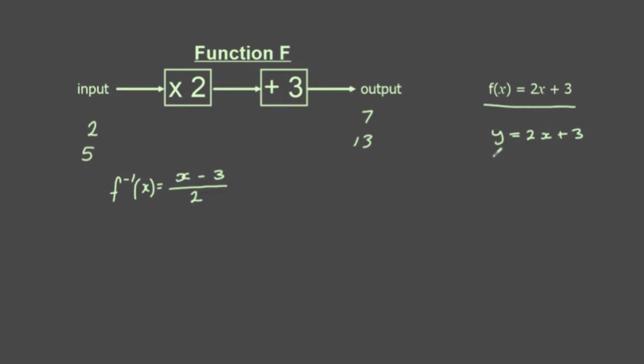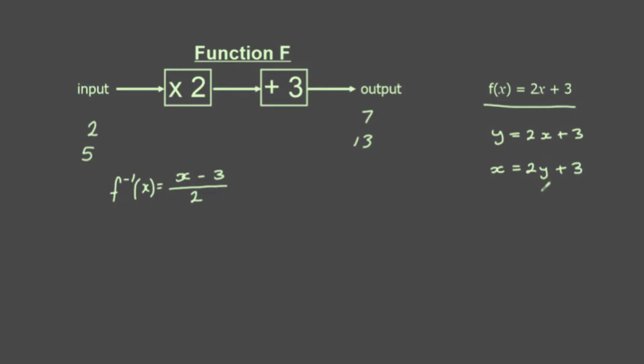In an inverse function, the outputs become the inputs and the inputs become the outputs. So we can flip x and y around and write x equals 2y plus 3. And to find the inverse function, we need to change the subject of the formula to get y by itself.